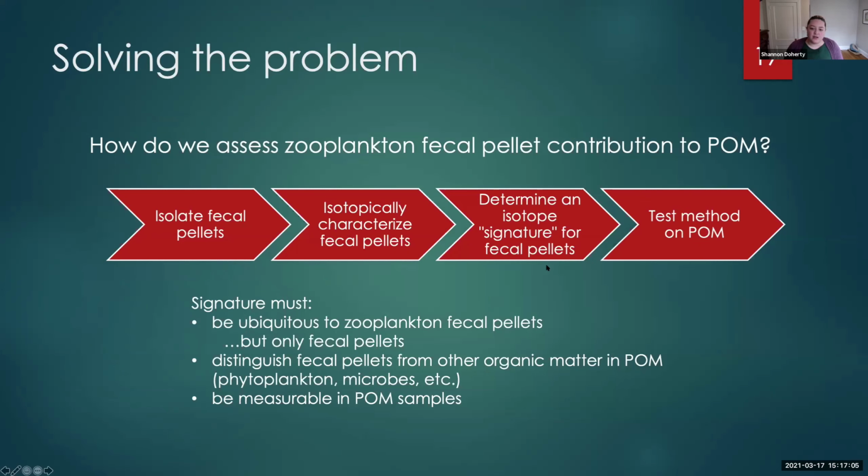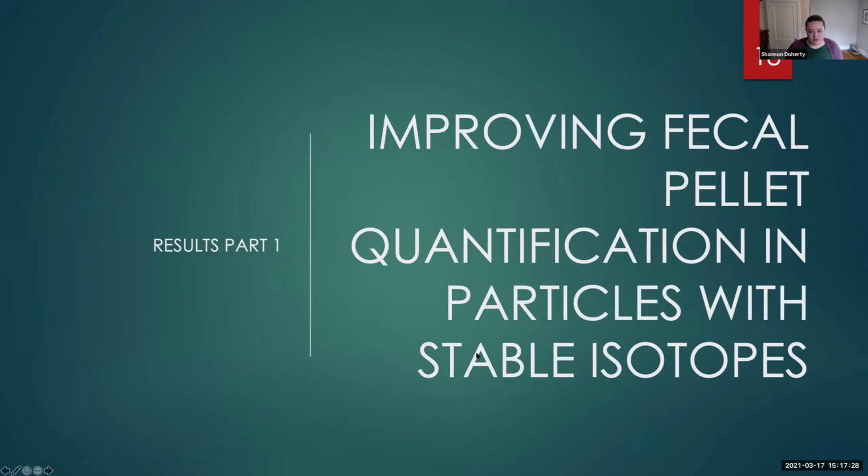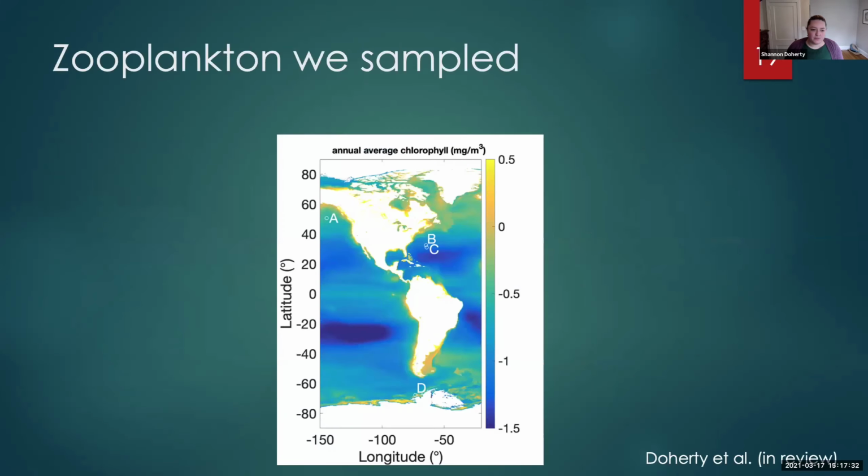Then we will determine an isotope signature for fecal pellets, which must be ubiquitous to zooplankton fecal pellets, but only fecal pellets, to distinguish fecal pellets from other organic matter in POM, such as phytoplankton, microbes, etc. And then we're going to test this method on particulate organic matter, so this signature must also be measurable in our particulate organic matter samples. We'll jump right into quantifying fecal pellets using stable isotopes.